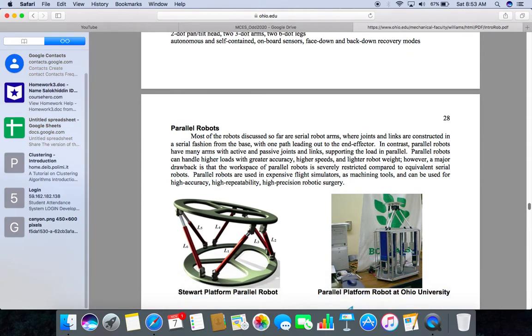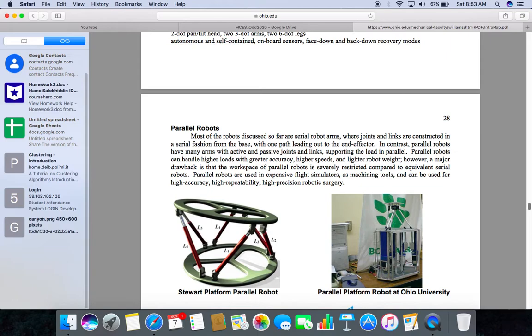Now parallel robots. Most of the robots discussed so far are serial robot arms, where joints and links are constructed in serial fashion from the base, with one path leading out to the end effector.